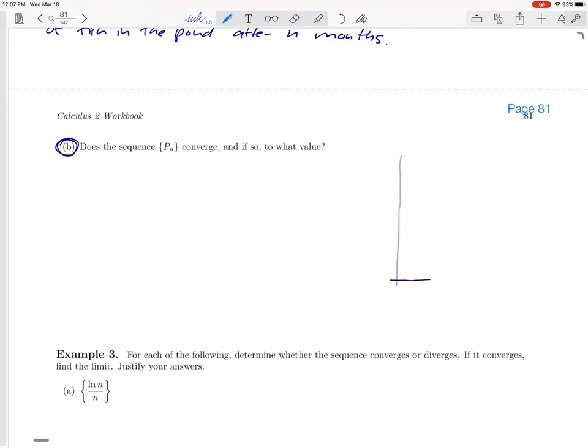Bear with me, this is going to take a minute to put all this together. We're kind of doing this from scratch. I'll warn you, this is going to be a very rough graph, hopefully accurate enough to get the idea of what's going on. We'll go up to a value of 8 months in this case.